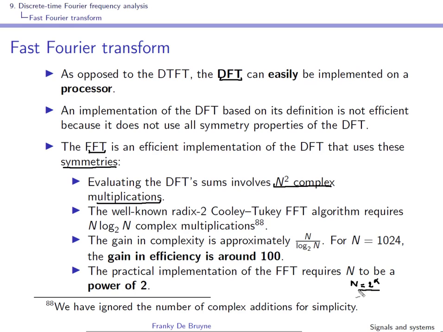And when N is a power of 2, the number of complex multiplications decreases from N squared to N log N, where the logarithm is in base 2. So there is a gain in complexity of N squared divided by N log N, so the gain of complexity is N divided by log N.